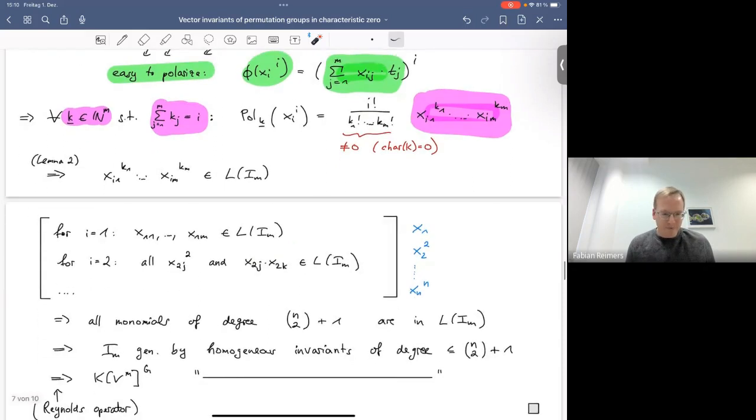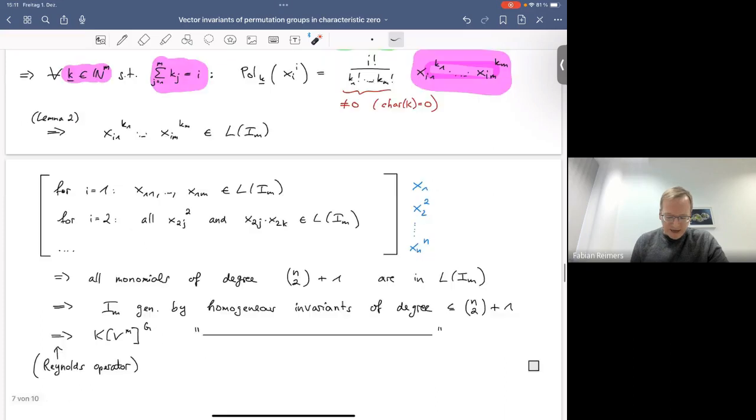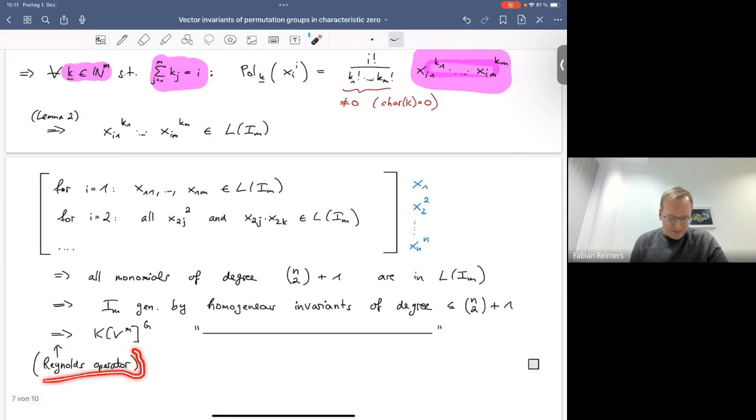So basically, we see that all monomials of degree n choose 2 plus 1 are now in the lead term ideal of the Hilbert ideal of several copies. From this, we can observe that this ideal must be generated by homogeneous invariants of degree at most n choose 2 plus 1. We also had, in our previous talk, some results from classical invariant theory.